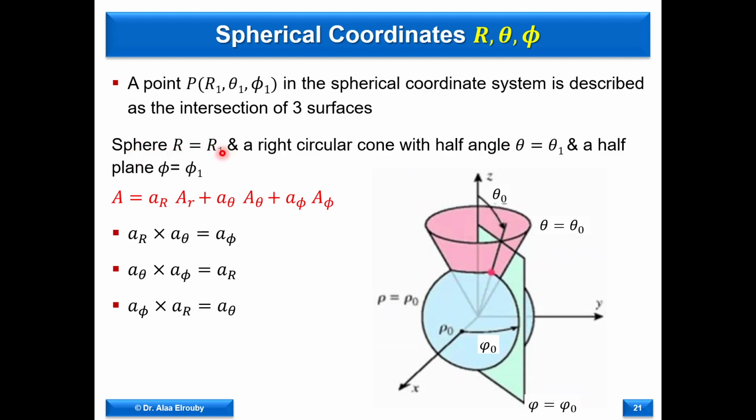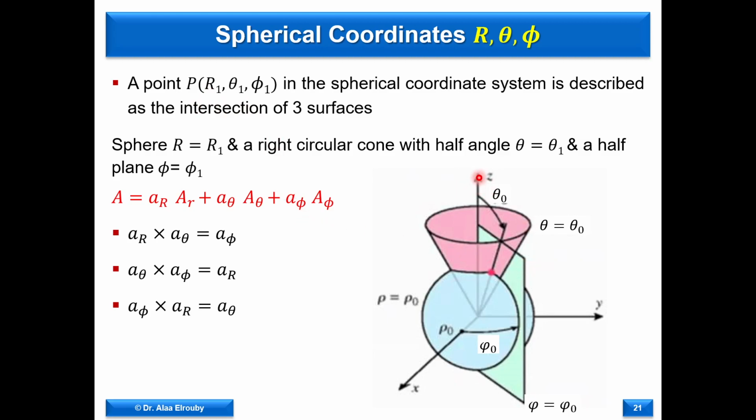So R equal R1. R is measured from the origin. R in the spherical coordinate system is measured as the distance from the origin, while in the cylindrical coordinate system, R is measured as normal to the z-axis. So there is a difference between R in the two coordinate systems.